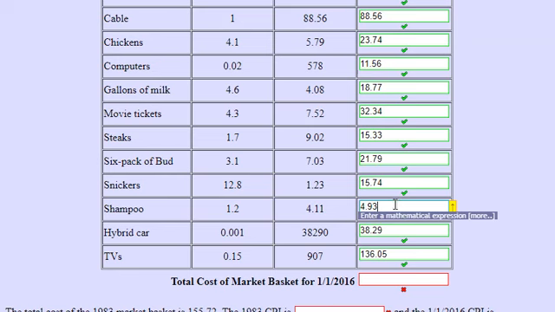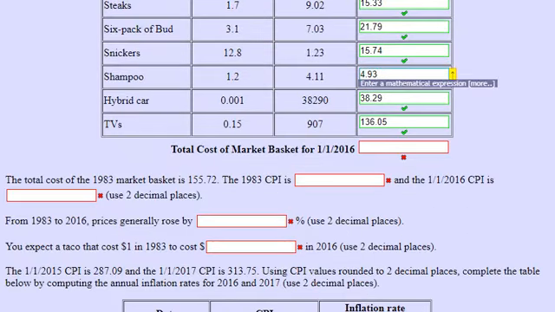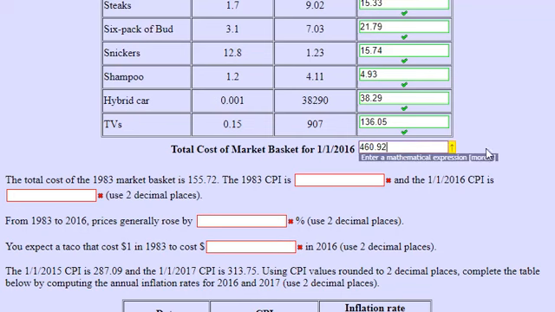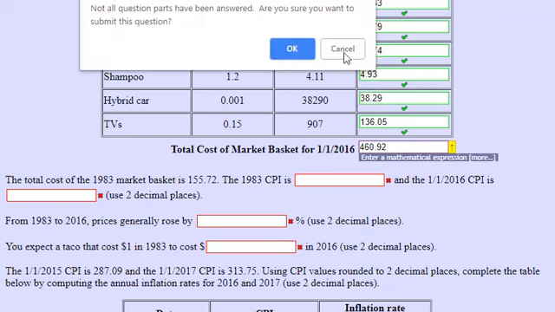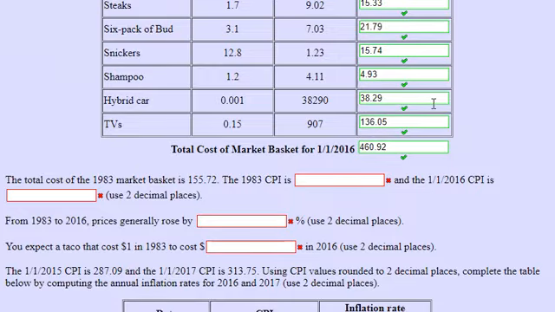We're spending $4.93 each month on shampoo, etc. Now I'll get the total cost of the market basket, which is $460.92, and we'll paste it right here. I'll hit enter to see if I got it right, and hopefully it is right. It should be right. Good.